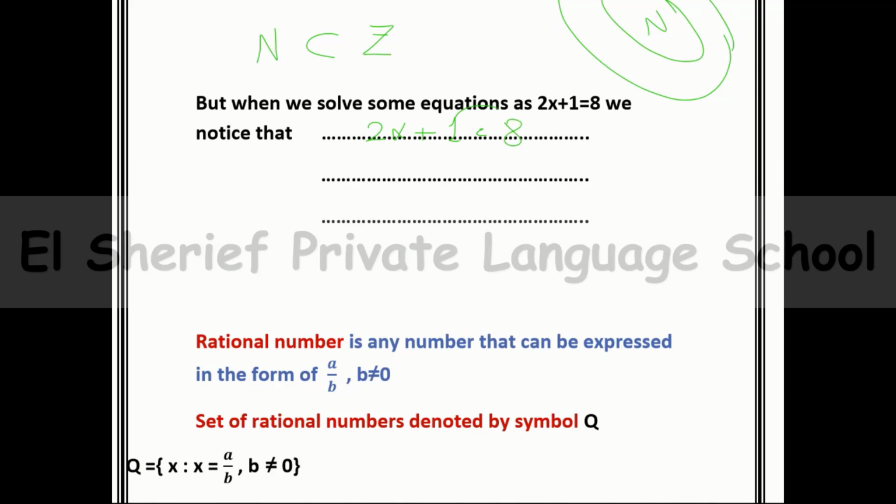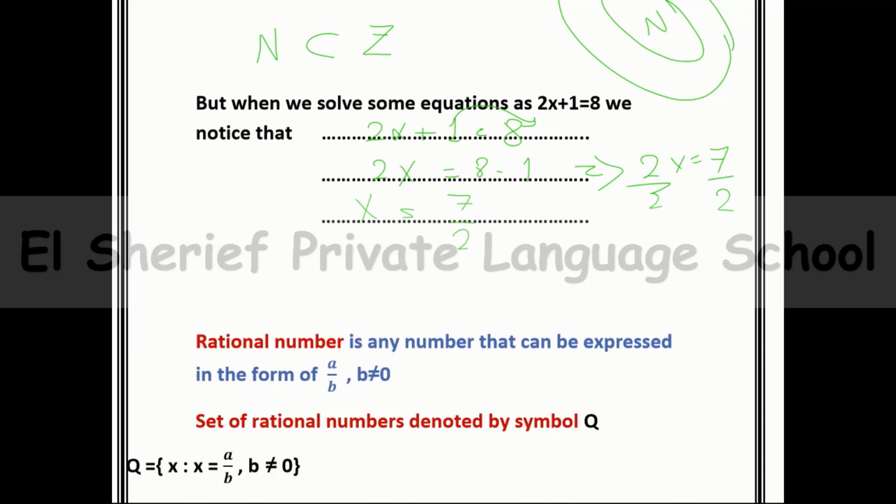I will move 1 to the opposite side, so 2x equals 8 minus 1, so 2x equals 7. To get the value of x, I divide by 2, so x equals 7 over 2.